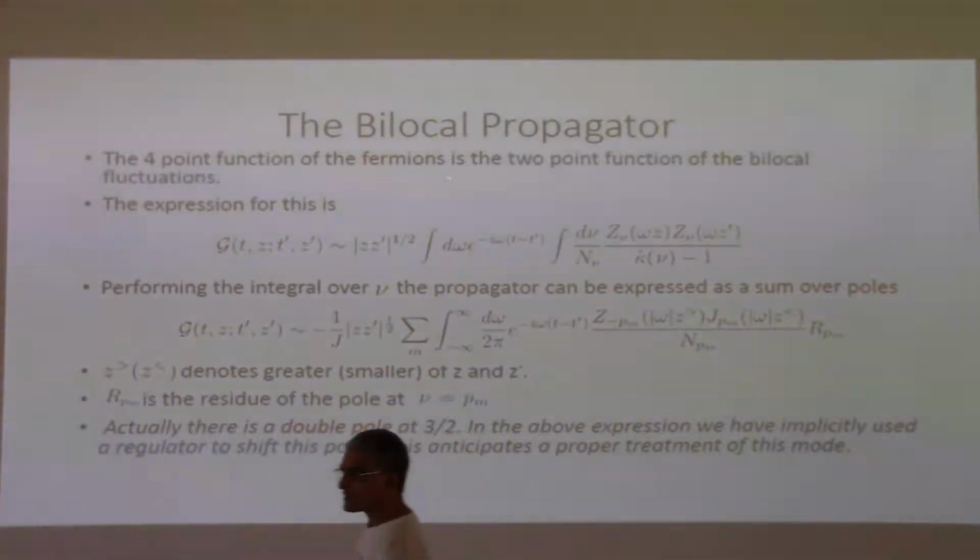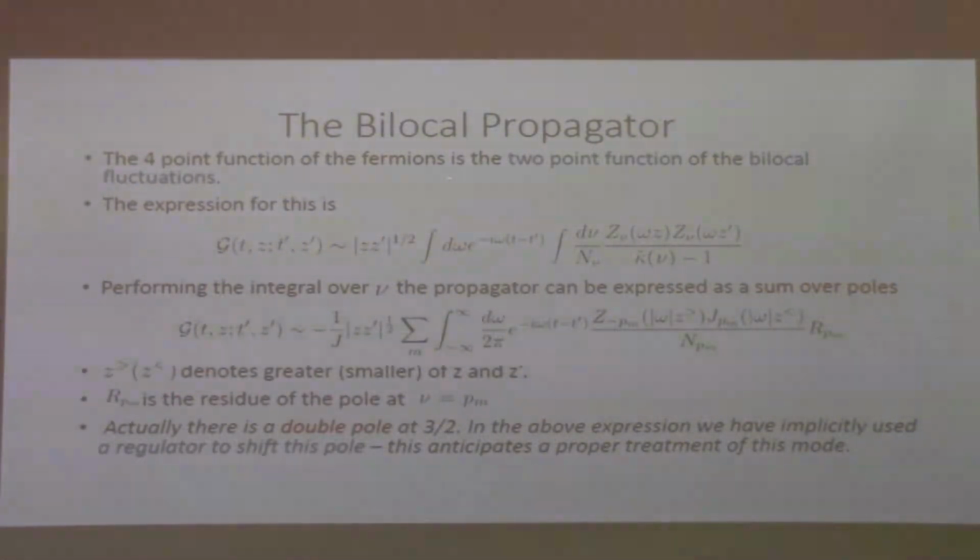You can now proceed and calculate the bilocal propagator, which you can calculate in any number of ways, in the way I have demonstrated. So you get an answer which is quite expected: a sum over the modes with some objects. These R_n's are residues at the poles. The poles are the solutions of the spectral equation, kappa tilde nu equal to 1.